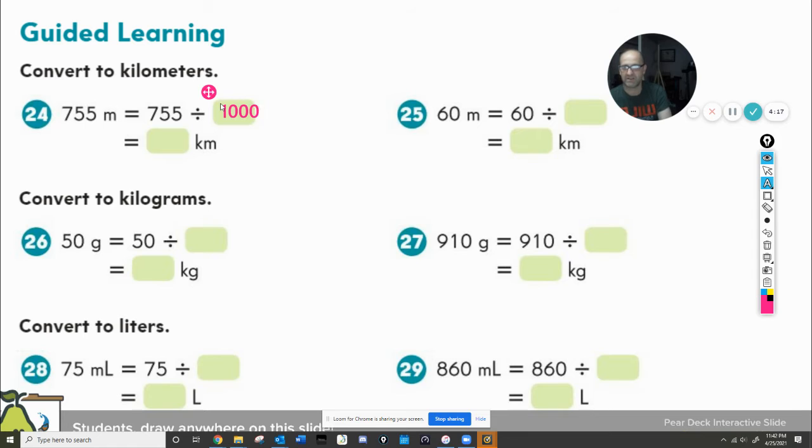I know I'm doing 1,000 because I'm going meters to kilometers. No. Train wreck. Hey, they got their. Okay, good. 1,000. 1,000. I wish my pen worked. Hey. Here you go. You should be doing this faster than me anyway. Wait. 1, 2, 3.